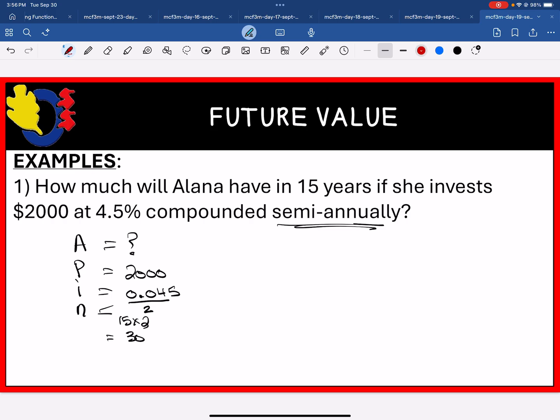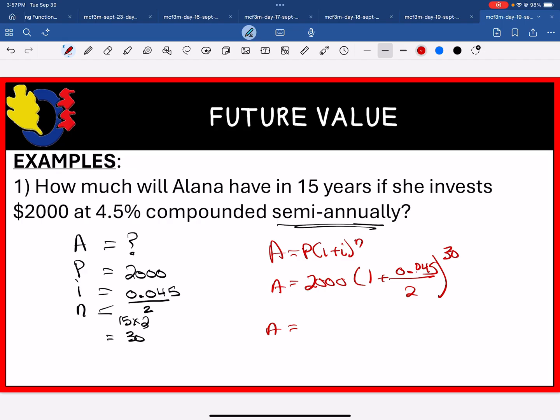Okay, so substituting into our formula, A equals P times (1 plus i) to the exponent n. So A is equal to 2,000 times (1 plus 0.045 divided by 2) to the exponent 30. Just practice with your calculator. On my calculator, I work inside the brackets first.